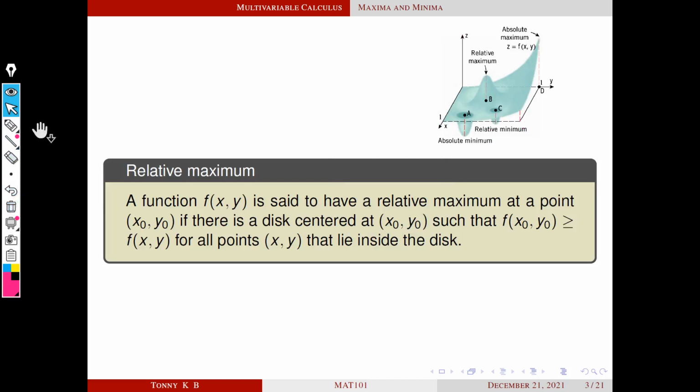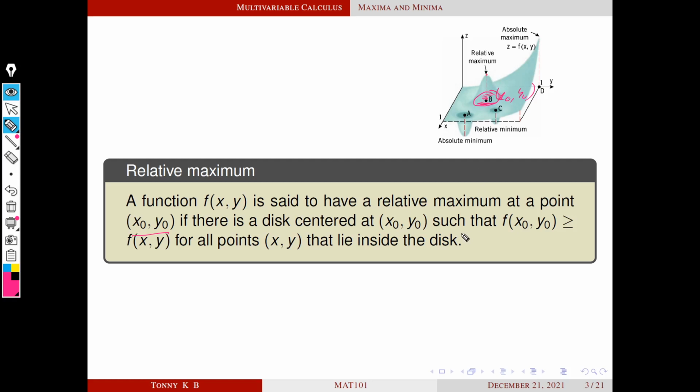Okay, this is the formal definition. A function f(x, y) is said to have a relative maximum at a point (x0, y0) if there is a disk centered at (x0, y0) such that, suppose you think about this point, (x0, y0), and you think about a disk nearby this point, then on this disk the value of the function at this point is greater than or equal to the value of the function in the disk.